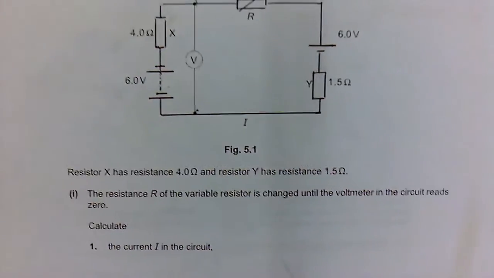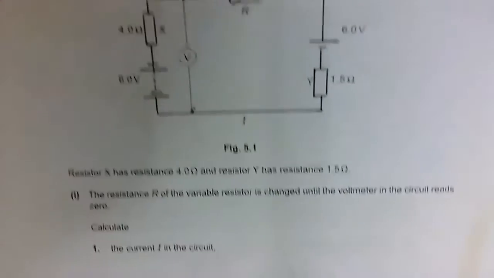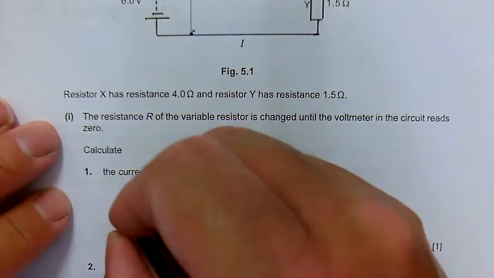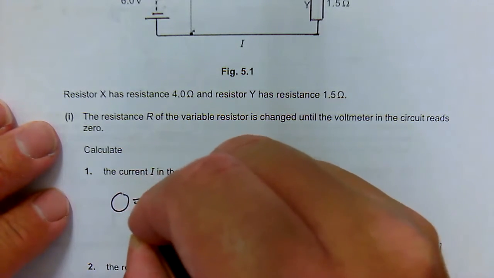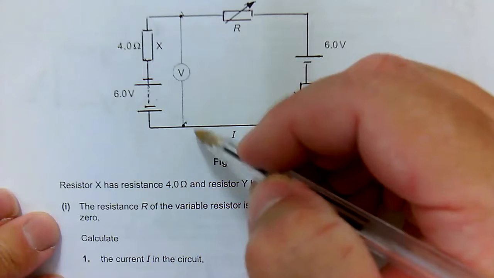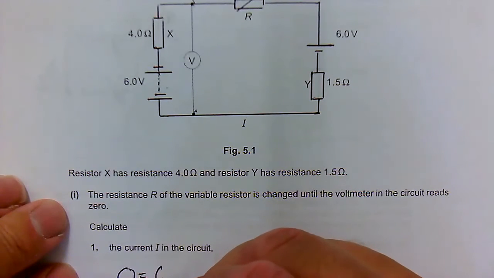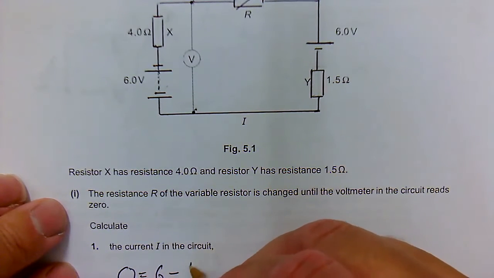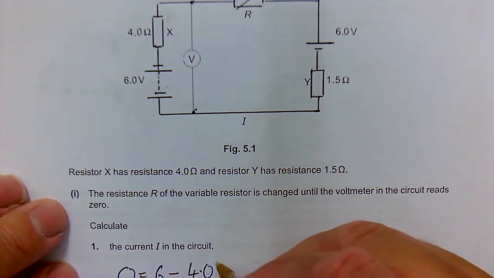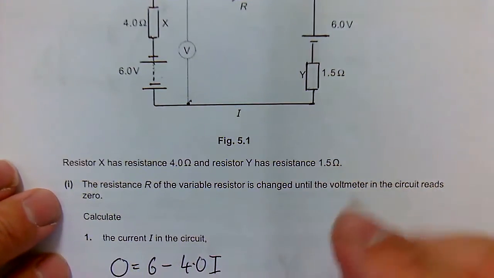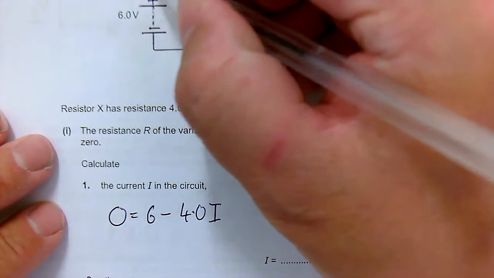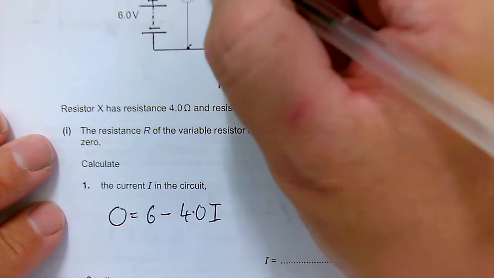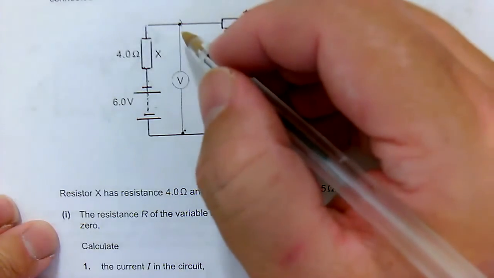So if we use Kirchhoff's second law, we know that the total voltage is going to be 0, because the total EMF across here is equal to the 6 volts minus the 4.0 volts multiplied by I. The reason why it's opposite is if that's plus 6 volts, that's going to be minus 6 volts, so that the voltmeter reading here is 0.